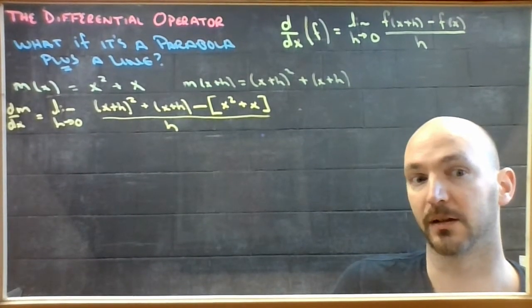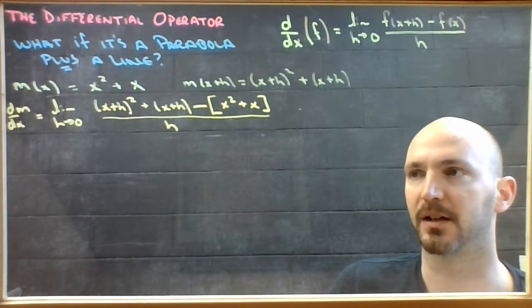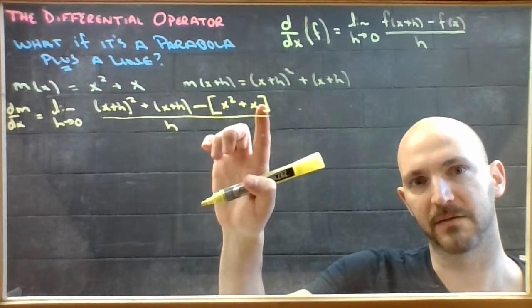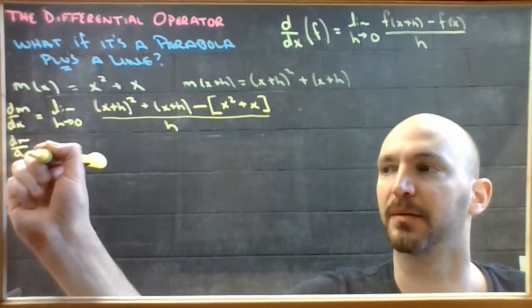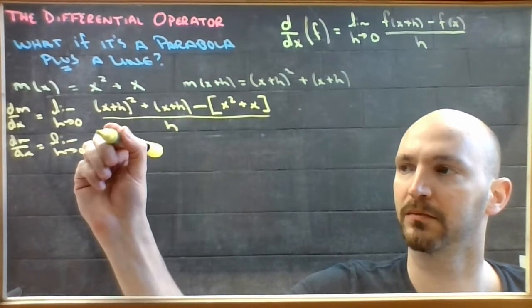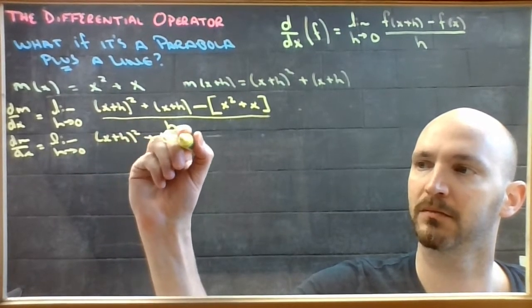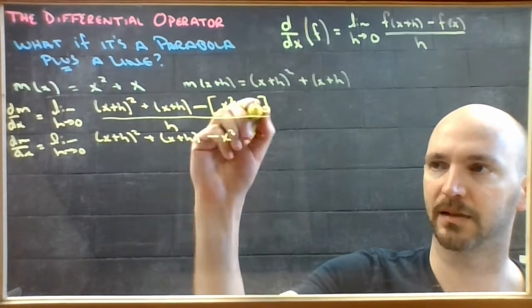Now I'm gonna shortcut here a little bit. Work smart, not hard. In the next line, I'm going to distribute this negative. Let's just do that one step at a time. So that will make this minus x squared and minus x.